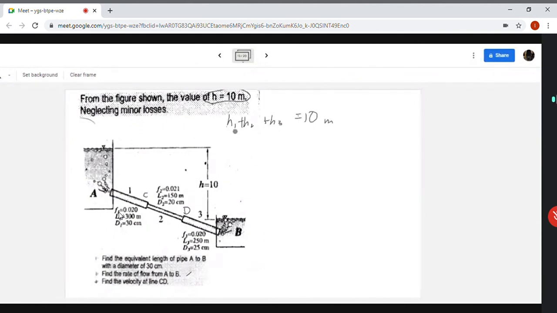So head loss 1 is 0.0826 f L Q squared over D to the 5th. You use the same Q because they are in series. Then plus head loss 2.